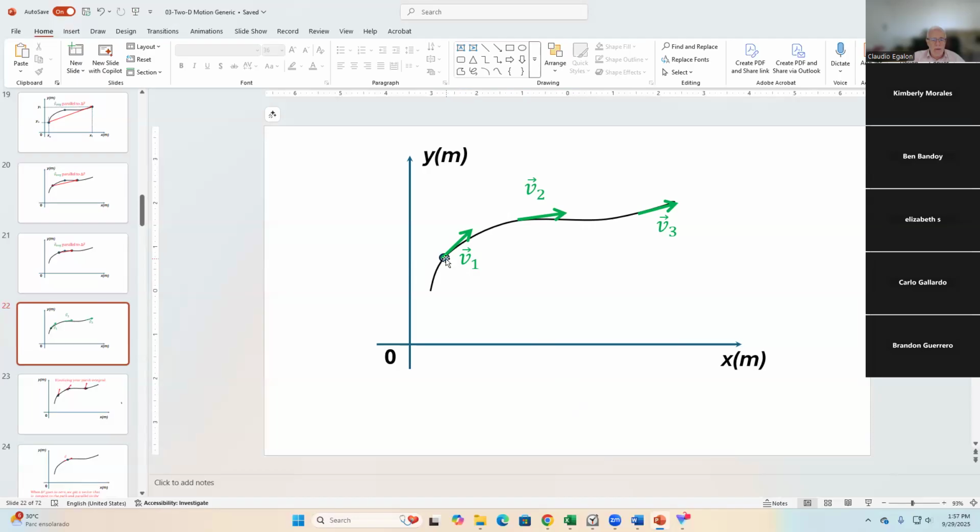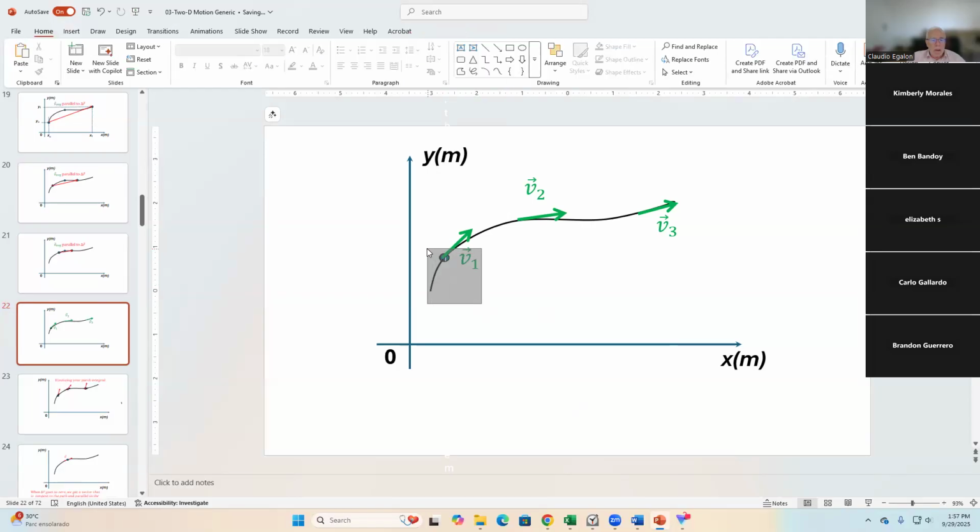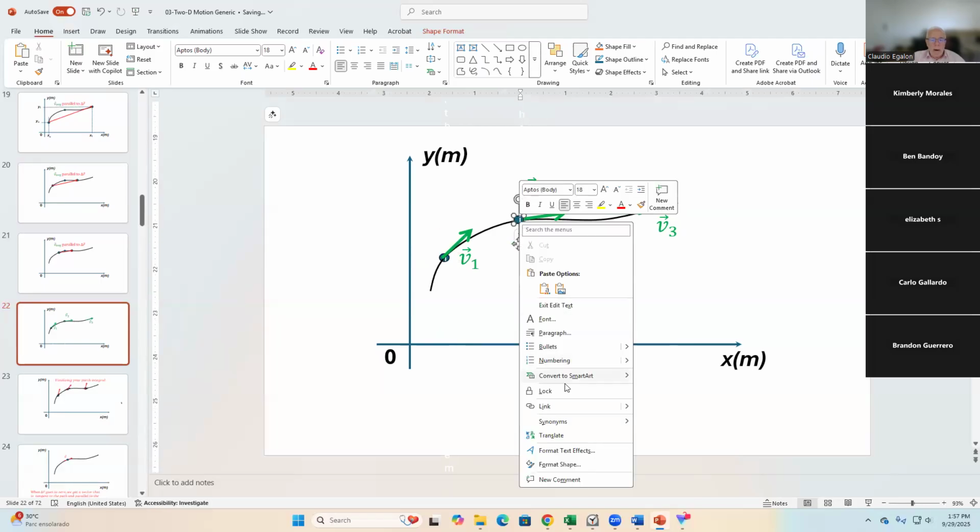The arrow starts at the point, at the tangent point, okay? That's one way of illustrating this velocity vector. The arrow, the velocity vector, starts at the tangent point.